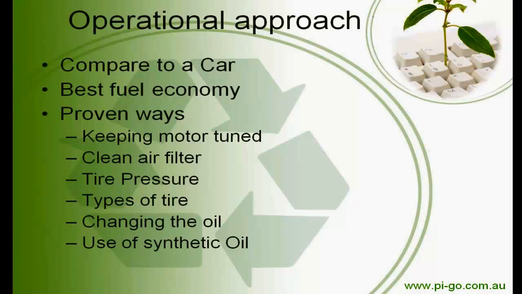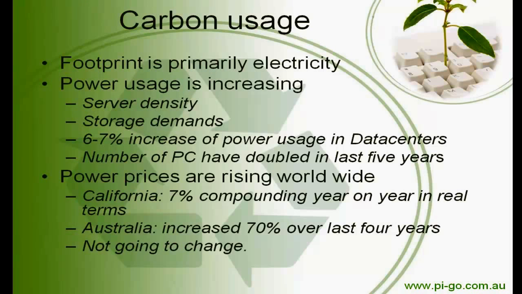So today what I'm going to do is move through these different sheets to try and show you how we can approach the carbon footprint of ICT. If we stand back and have a look at ICT in the operational sense, the carbon footprint is primarily electricity.